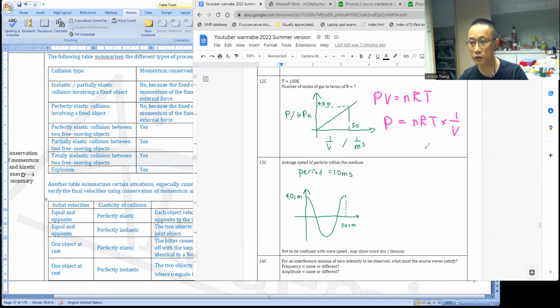So the gradient of this graph should be nRT. But what you have to do is figure out whether there should be a multiplier of 1000 or whether you should be dividing the pressure by 1000. I think in this case, you have to divide by 1000.